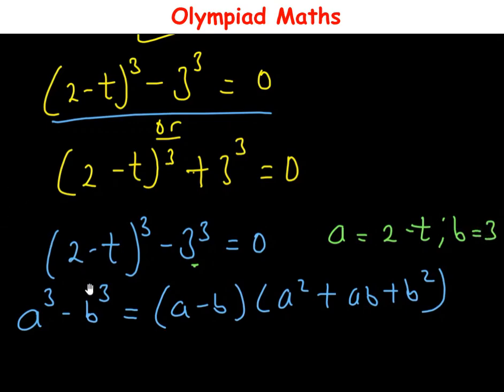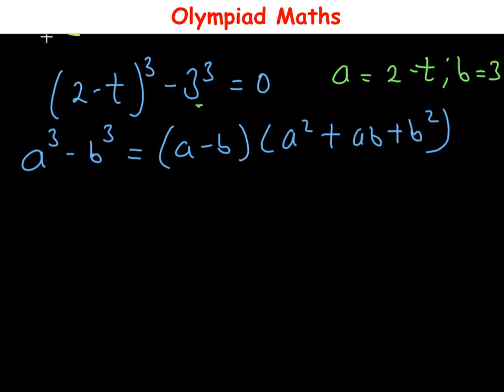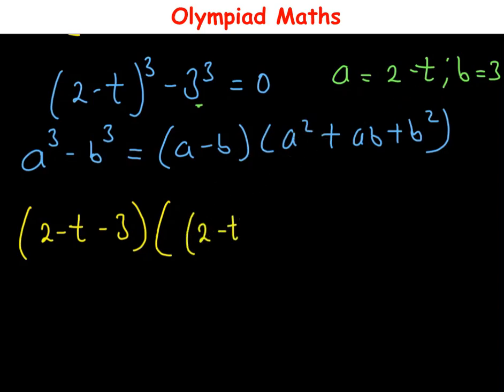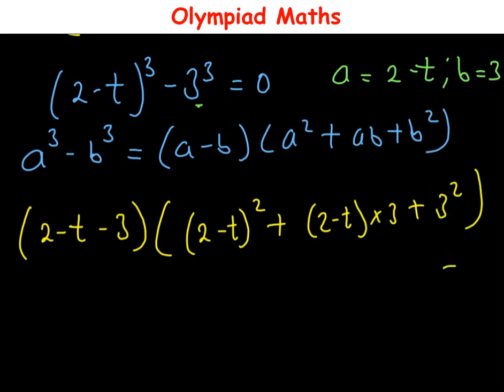Expanding this, we have ((2 − t) − 3)((2 − t)² + (2 − t)(3) + 3²) = 0.